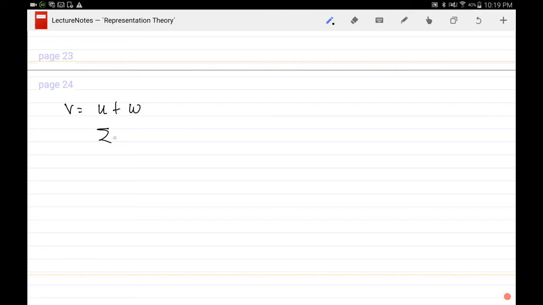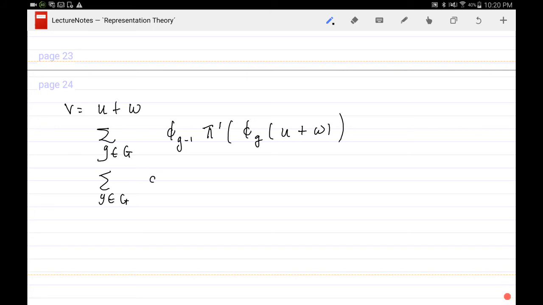So we have sigma of g in G, and we have our representation, and it's going to act like this on u plus w. Well, the representation is linear. Well, that's nice.